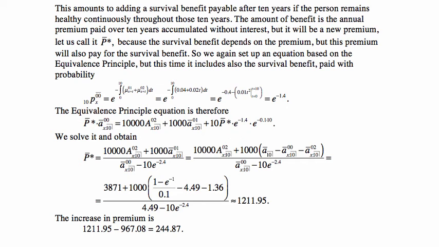And then we take the integral of 0.02t, which is 0.01t squared, and evaluate it from 0 to 10. At 0, that function is 0, but at 10, t squared is 100, and what's 100 times 0.01? It's 1. So we have negative 0.4 minus 1, so the probability is e to the minus 1.4.